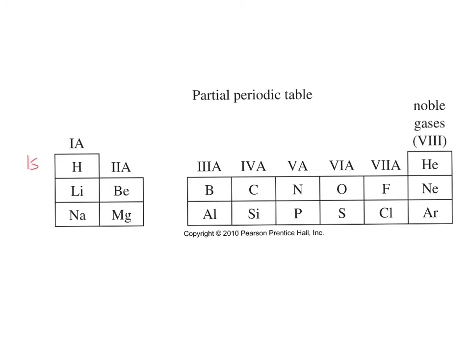Therefore, a neutral hydrogen would have 1 proton and 1 electron. The electron would go into the lowest energy orbital, which is the 1s. Since there would be only 1 electron, we use the electron configuration 1s1, 1s being the orbital, and 1 being the number of electrons in there.